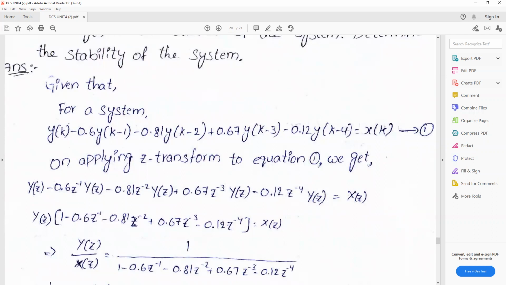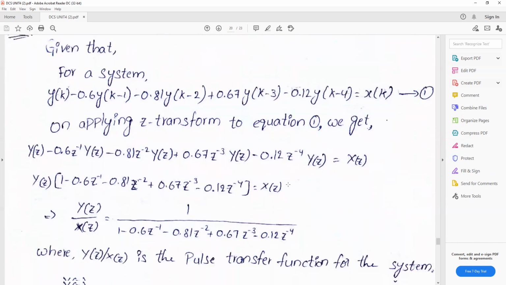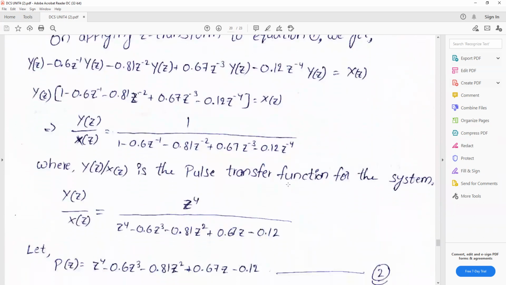So y of z is common in the equation: 1 minus 0.6 z power minus 1 minus 0.81 z power minus 2 plus 0.67 z power minus 3 minus 0.12 z power minus 4. Y of z by x of z is the pulse transfer function of the system.